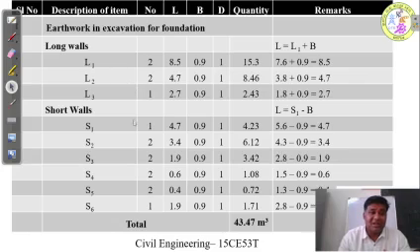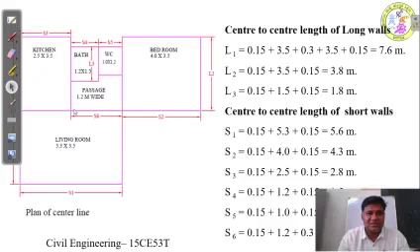Next, after completing long walls, we will move on to short walls. So S1 is the first short wall. This wall is called S1. The center to center distance of S1 is 5.6 meters, and there is only one wall.